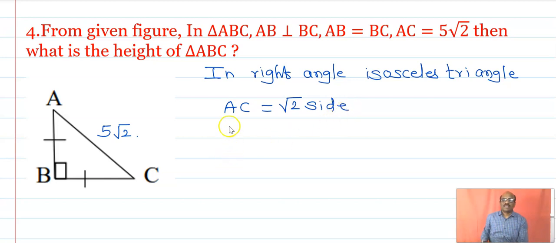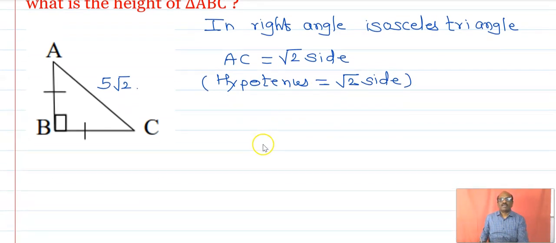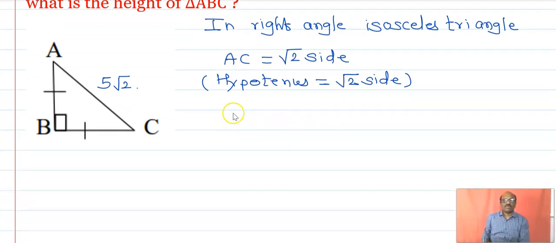Hypotenuse is equal to root 2 into side, and here AC is 5 root 2.